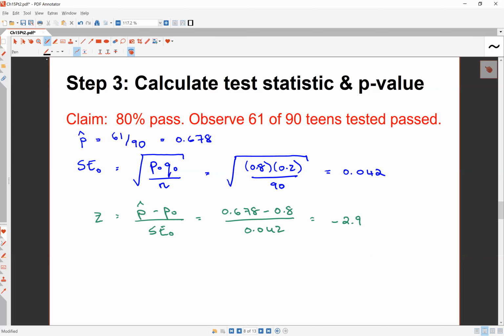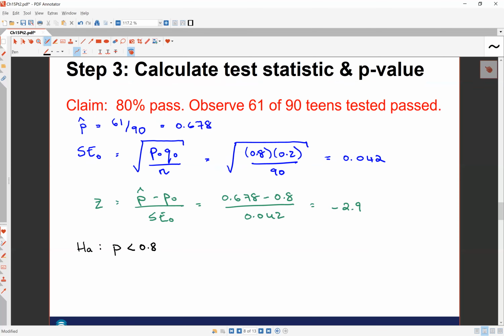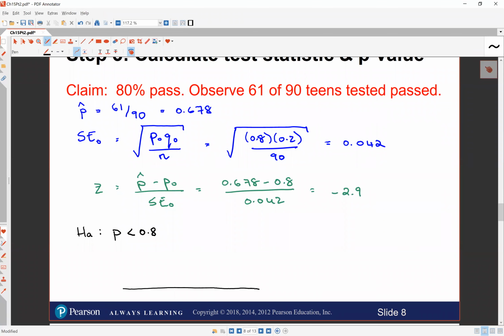Now, this is where the importance of the alternative hypothesis comes in. Our alternative hypothesis here is that P is now less than 80%. The less than 80% tells us which part of the bell curve we're interested in. So we have a standard bell curve centered at 0. We've calculated this z value of negative 2.9.